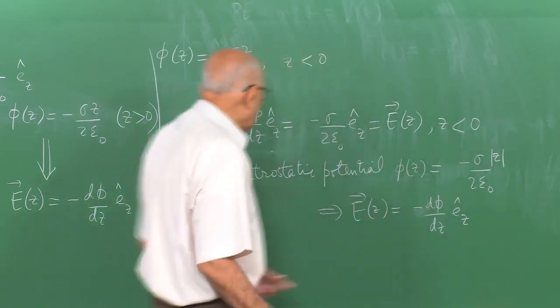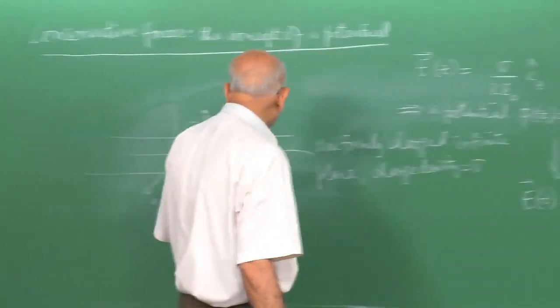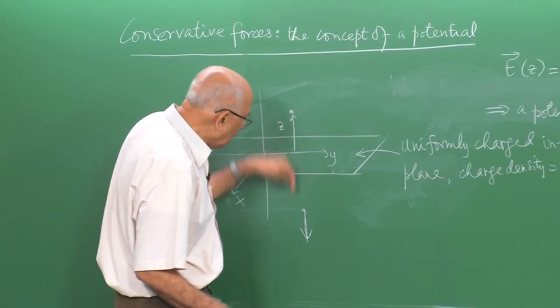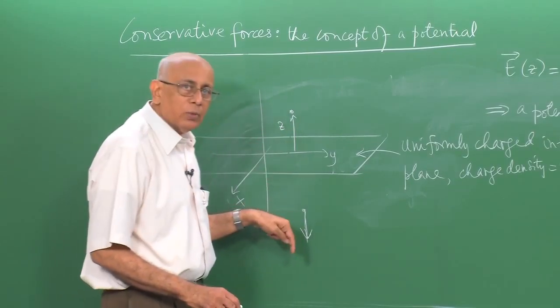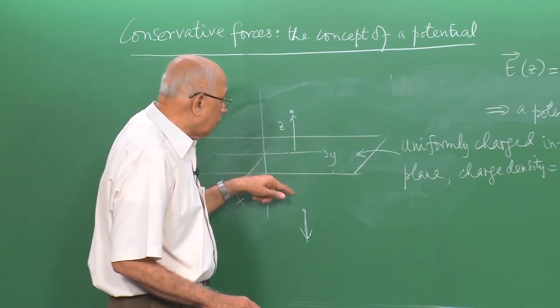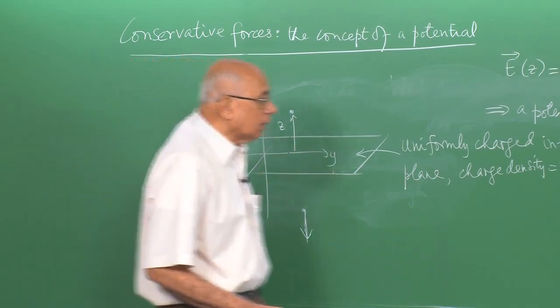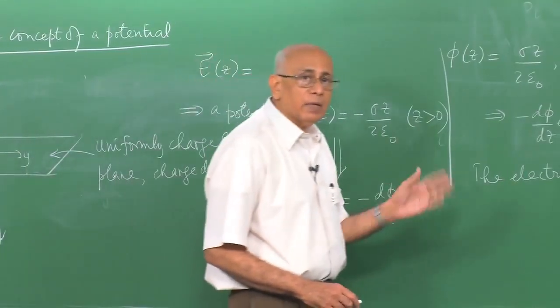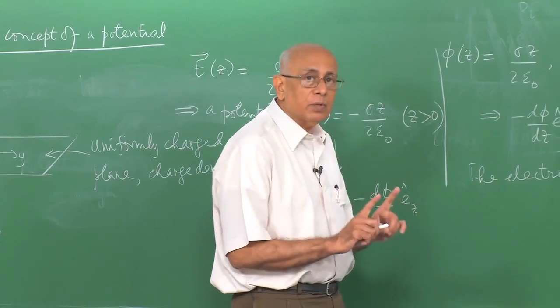Remembering that the field or the force points upwards above the xy plane, and downwards below the xy plane, it's clear that the force changes direction as you go from above to below the plane, and therefore the potential is discontinuous as far as its derivative is concerned, because the derivative gives the field here.